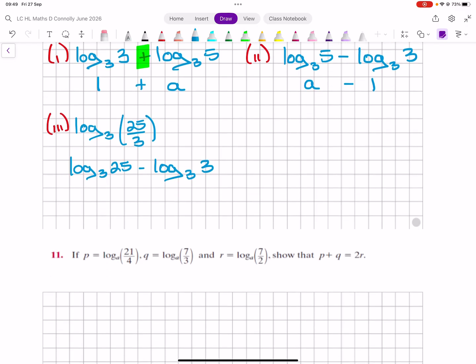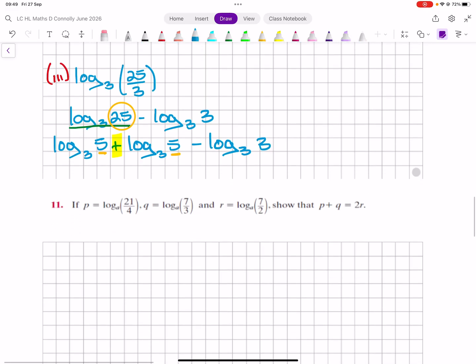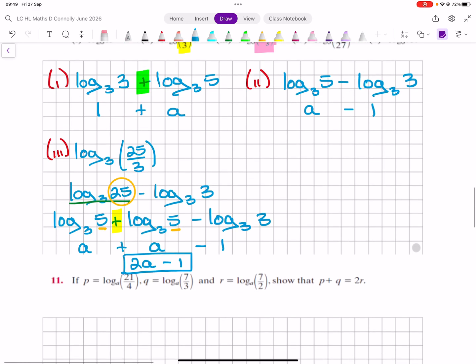And this is the thing I accidentally did with the first one. So I can do log to the base 3 of 5 plus log to the base 3 of 5 minus log to the base 3 of 3, because this is an addition, so I would multiply these two to get this. So that works. And log to the base 3 of 5 is a, plus log to the base 3 of 5 is a, minus 1. So 2a minus 1 for that one.